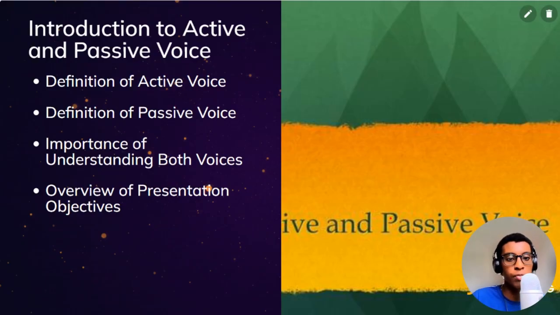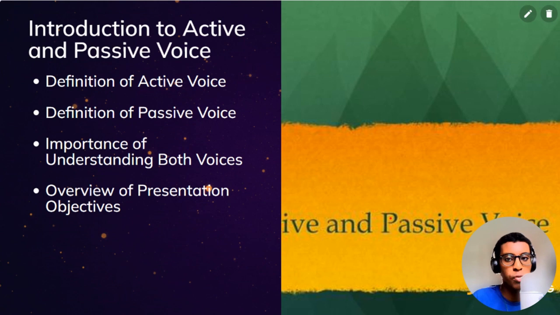Also, the common advice from teachers to avoid passive voice is not about avoiding it altogether. Passive voice has its applications, especially when the doer of the action is unknown or unimportant, or when we want to emphasize the action over the subject. We'll explore the specific scenarios a bit later.